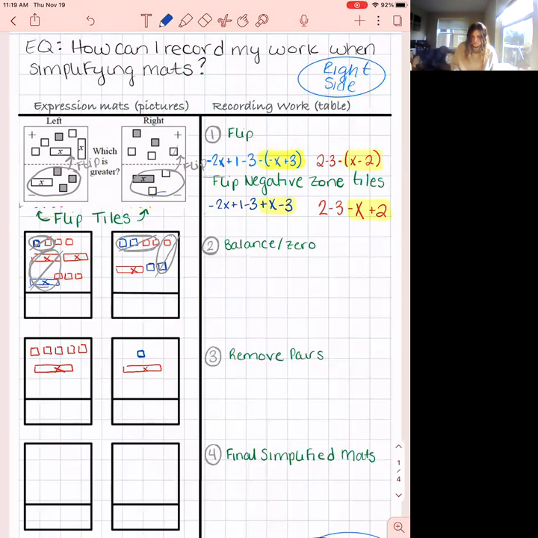So I'm going to take what I did here and rewrite it under this balance 0, just so that I'm consistent. But you know what I'm going to do to make it easier, actually? I'm going to rewrite this in the correct order. So I have minus 2x. Do I have any more x's? Yes.